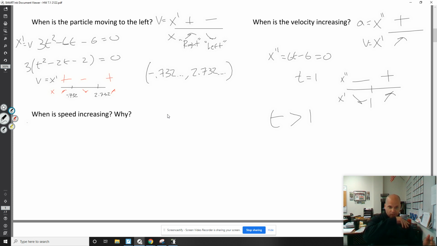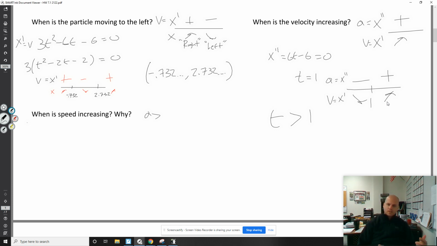When is speed increasing? All right, this is when we have to think about the dude and what's going on. A lot of people think acceleration's got to be positive. Well, what's acceleration really? It's just the change of my velocity. If acceleration's positive, my velocity is increasing.